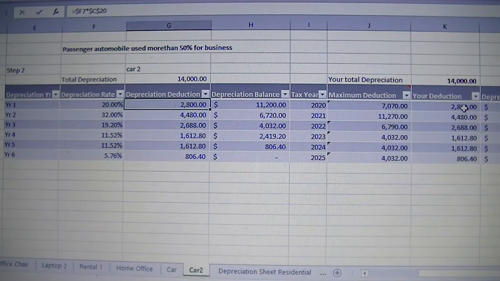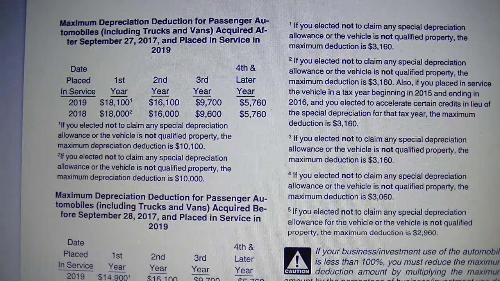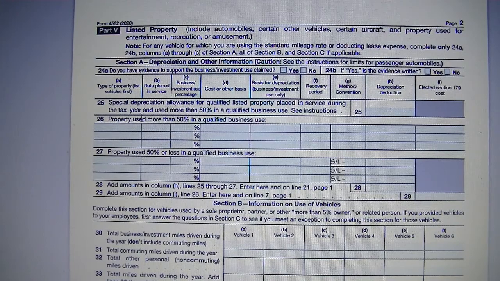So your deduction for year 1 is what you'll put on Form 4562 for 2020, Part 5, listed property, line 26, column H, depreciation deduction. And column I you will leave blank because you are not taking any section 179.